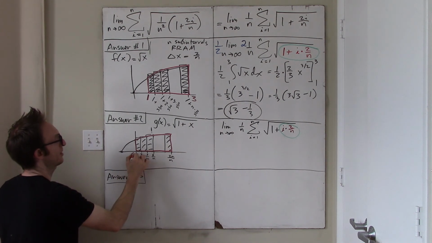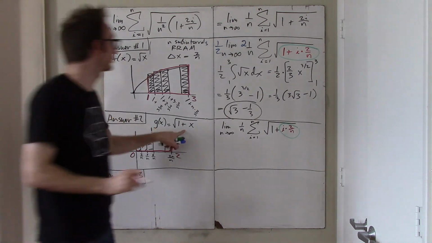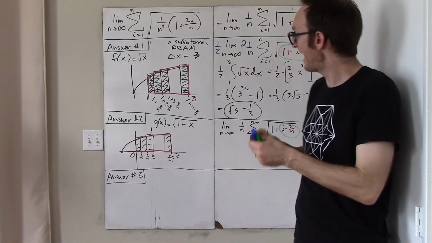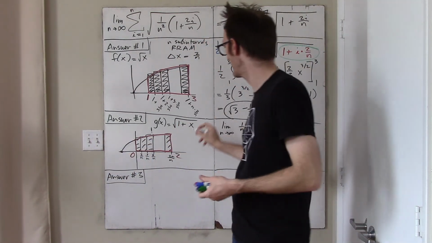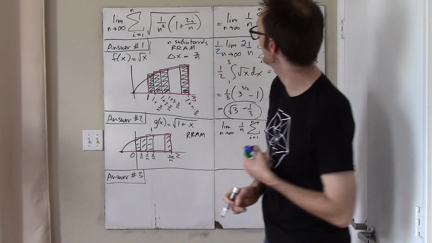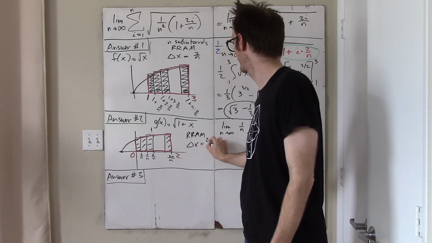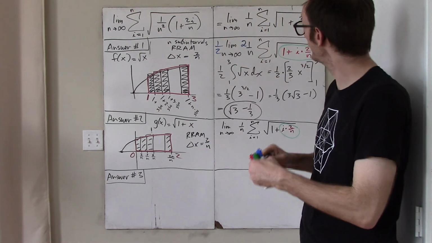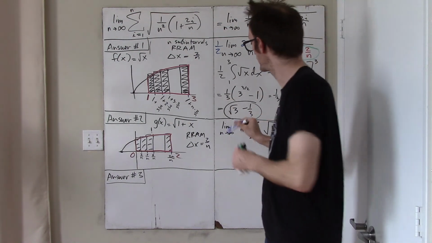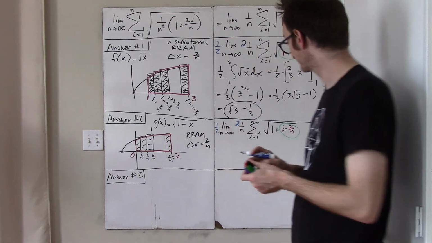This is 0 and this is 2. But it's the area between 0 and 2 in the root 1 plus x function. And it's still true that I'm using RRAM, it's still true that I'm adding up n things, so it's still true that there are n subintervals. It's still true that delta x is 2 over n. And so it's still true that I have to stick in a 2 and undo the damage with a 1/2.